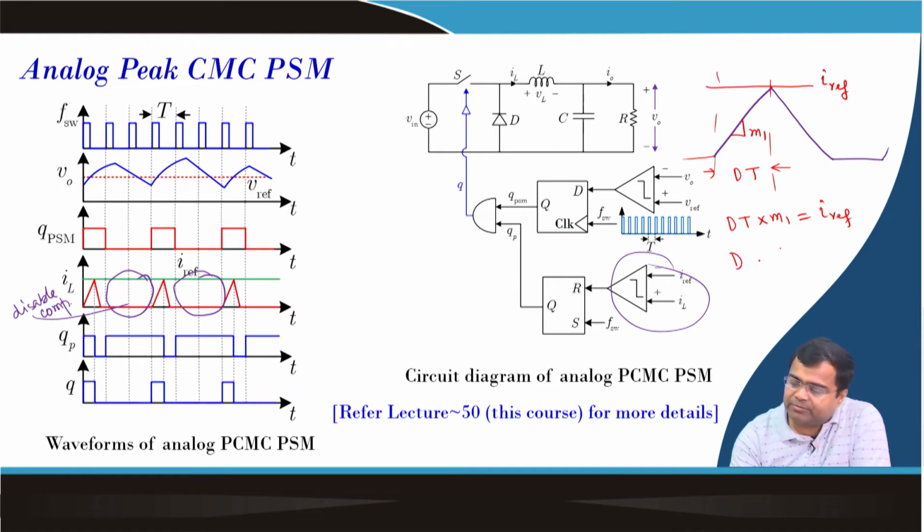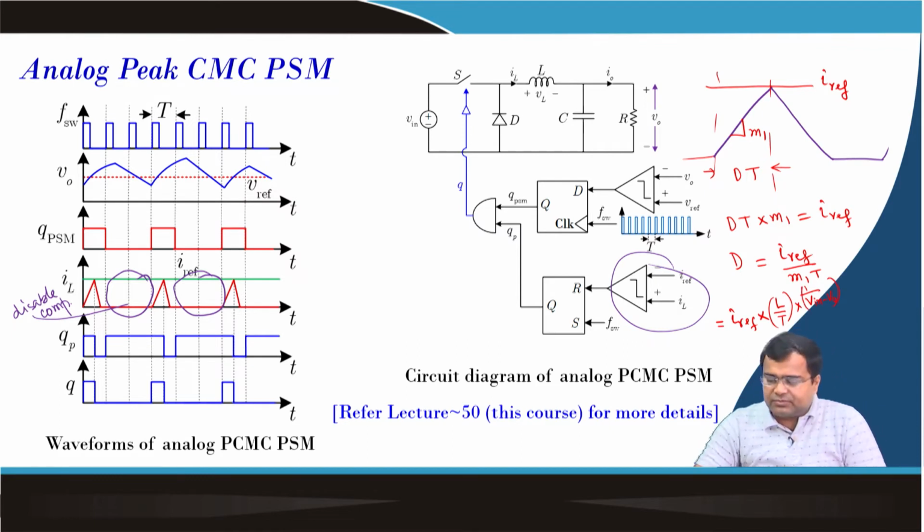So, your D will be I ref divided by M1 T, and what is M1 for a buck converter? It will be I ref into, M1 is L by T into 1 by V in minus V0.